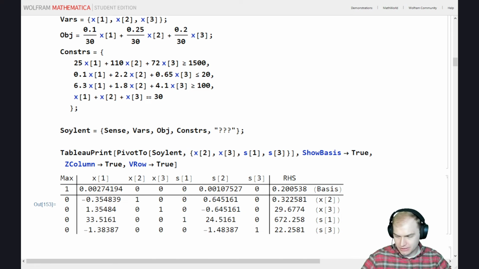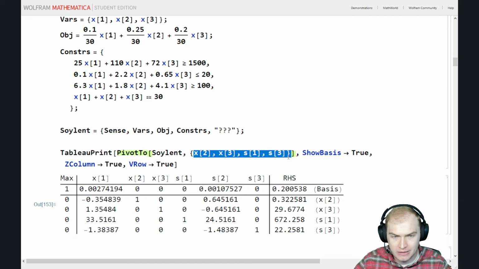This is my tableau printing program. Again, for the same problem we've been looking at, the Soylent diet problem. And I've pivoted it to the optimal basis.